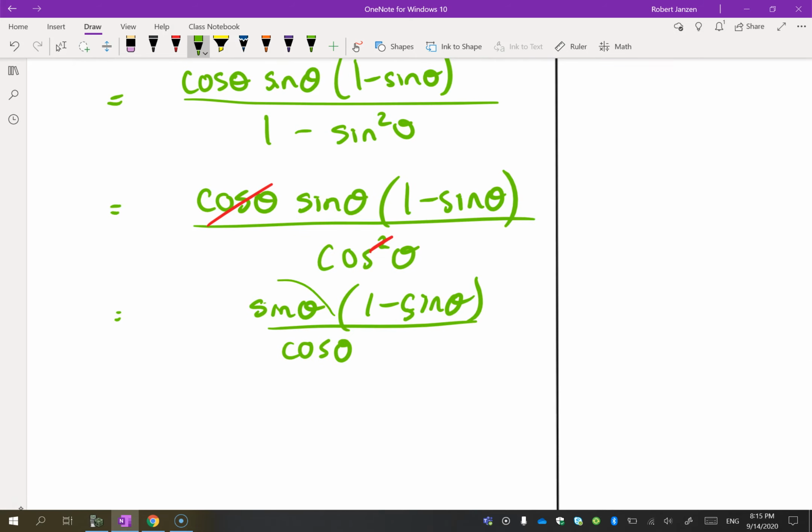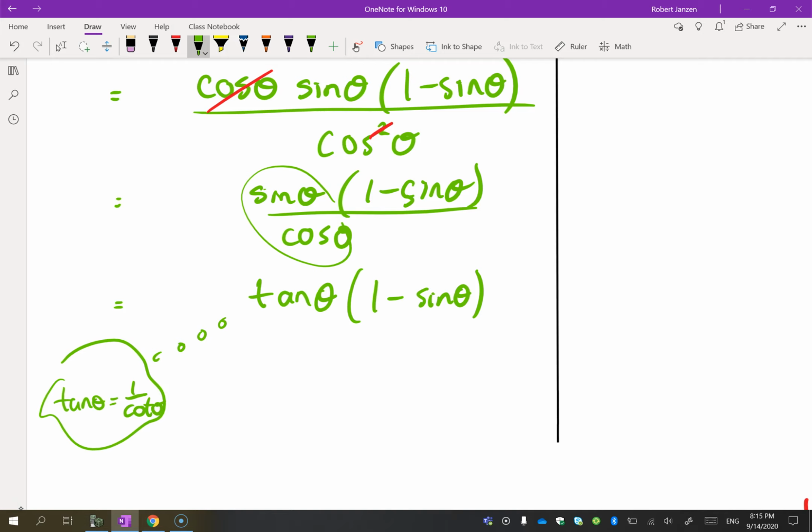Well, what's sine over cos? That's tan. Is that what we want? Not quite. You're thinking, wait a second. I know that tan is 1 over cotan. So I can rewrite this as 1 minus sine and cotan.